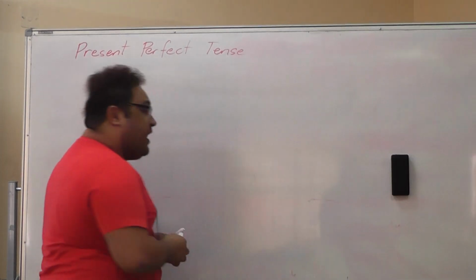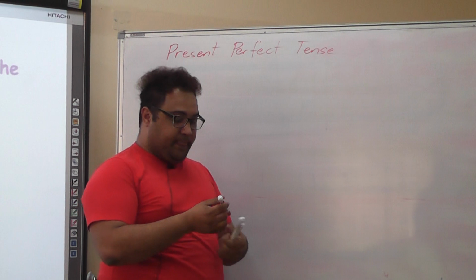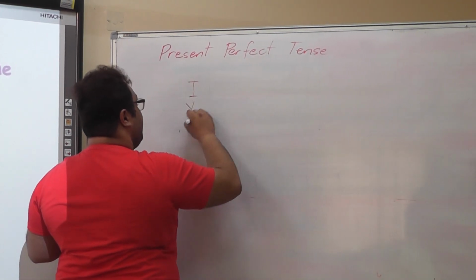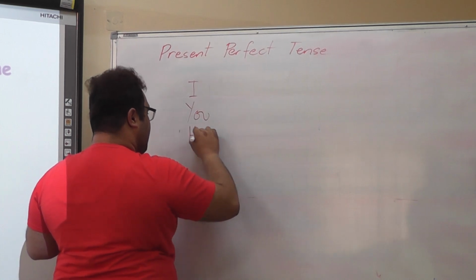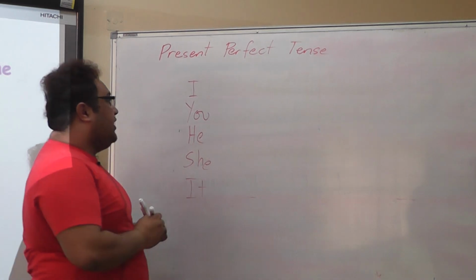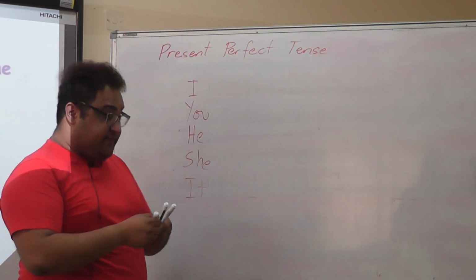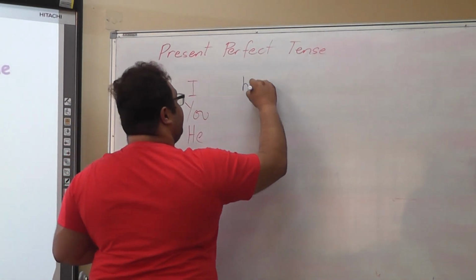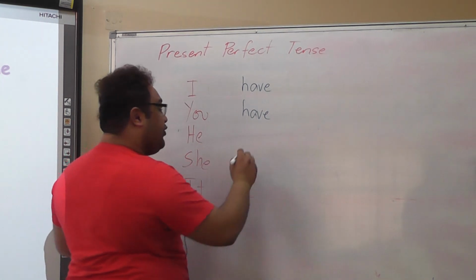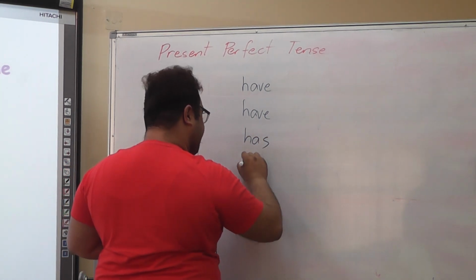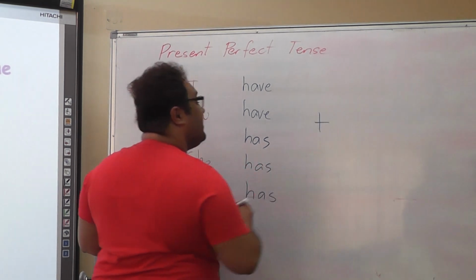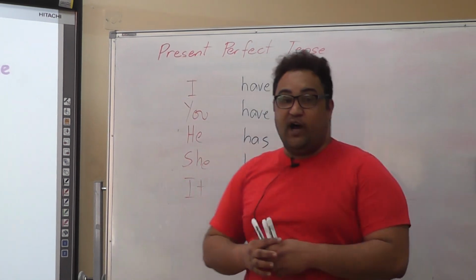Okay, so let's focus first on the single subject. I, you, he, she, and it. So we use have, and for he and she and it, we use has, plus the past participle of the verb.